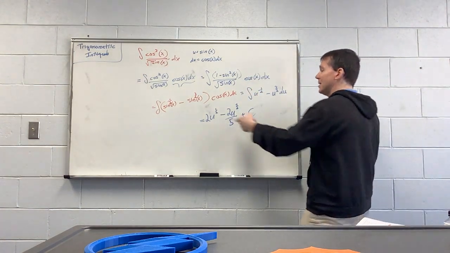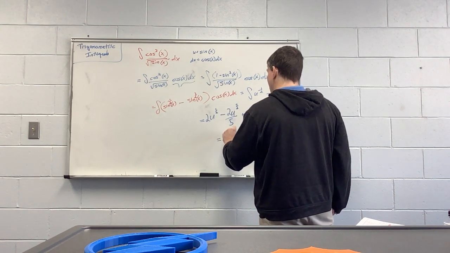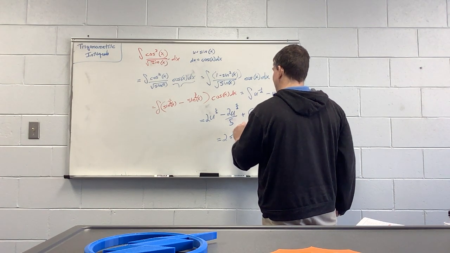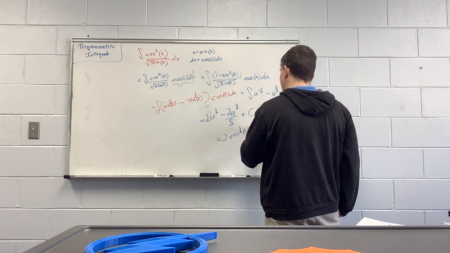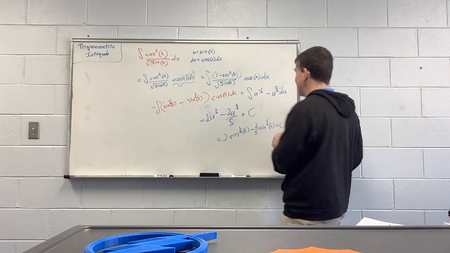And then my last step, substitute back, and I get 2 times u, which is sine to the 1/2 x, minus 2/5 sine to the 5/2 x, plus c.